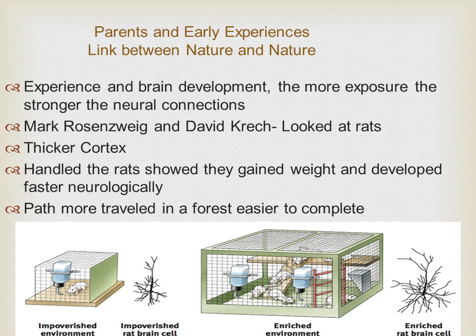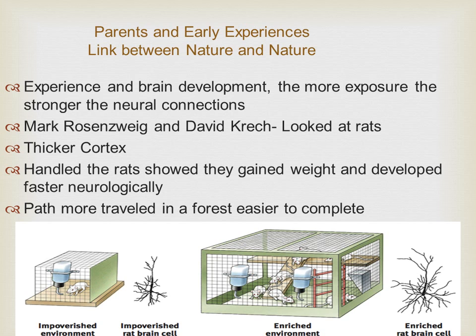He looked at the brains of these rats, and he saw that the ones in the enriched environment had a thicker cortex. And remember what the cortex revolves around? Okay, the frontal, the parietal, the temporal, and occipital. They have higher level thinking ability. Okay, he handled the rats. Okay, and when he handled certain rats and massaged certain rats and cared for certain rats, they actually were more prone to gain weight, and they developed neurologically faster, being able to go through a maze or complete a task.